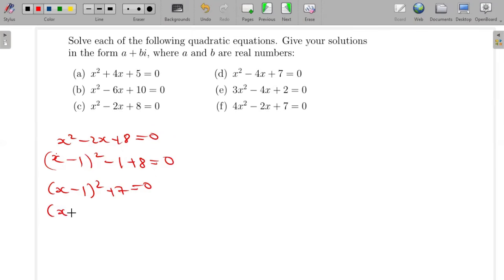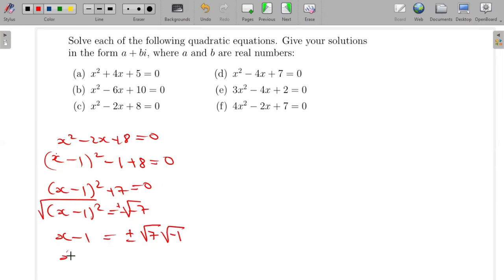Take the 7 to the other side, so that would be (x minus 1) squared equals negative 7. Take the square root on both sides, so you're just going to have plus minus. So x minus 1 is equal to plus minus, which I can write as square root of 7 multiplied by square root of negative 1.